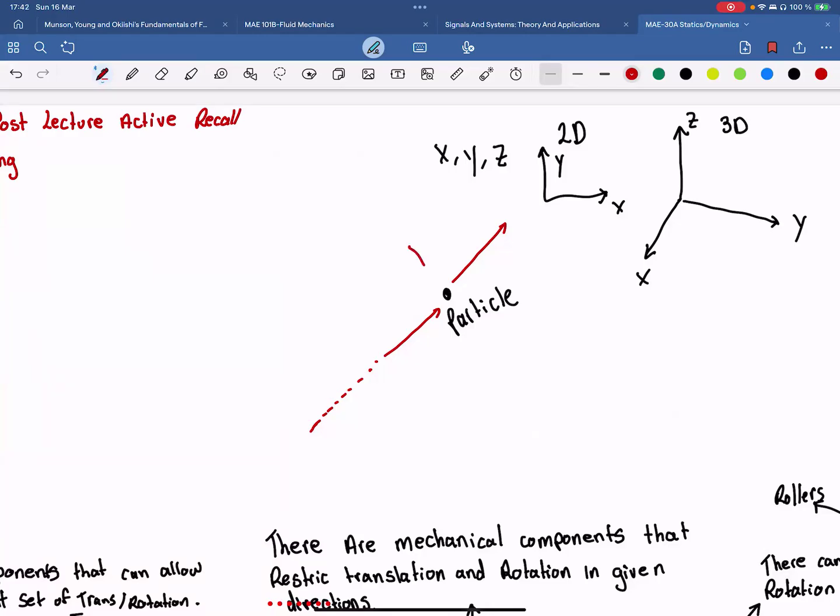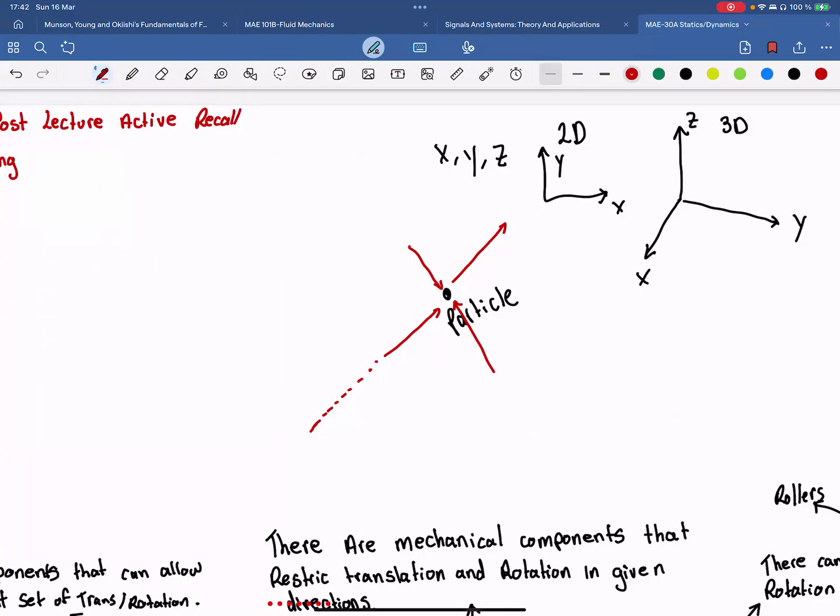So when a particle has multiple forces acting on it, they cross the same line of action. So there's no moment around the particle, because you can think of it as something so small that it cannot rotate along any given axis. So the only thing that can happen to a particle is to translate along the X, Y, or Z axis.